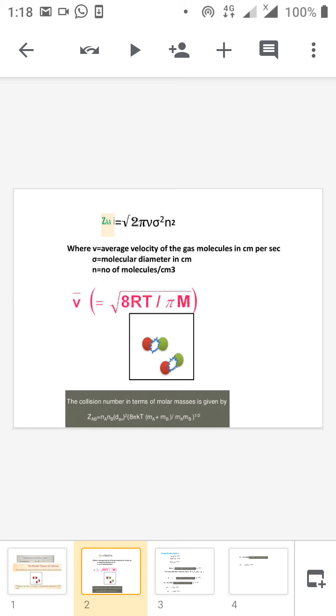In the equation for ZAA, it is written n square, but here there are two different types of molecule, so we replace that term by NA and NB, and instead of sigma, we replace it with D average.